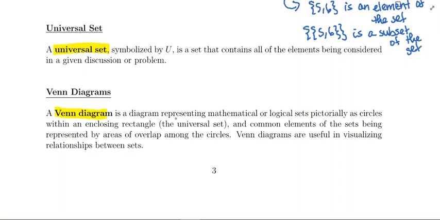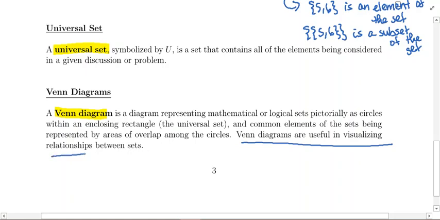If you see circles overlapping, the areas of overlap are where the circles have objects in common. Again, the Venn diagram is very useful for visualizing relationships between sets. We'll see some on the next page.